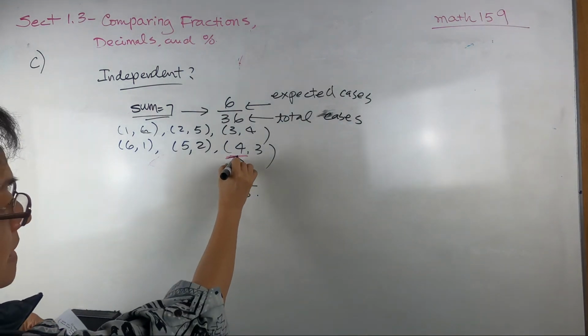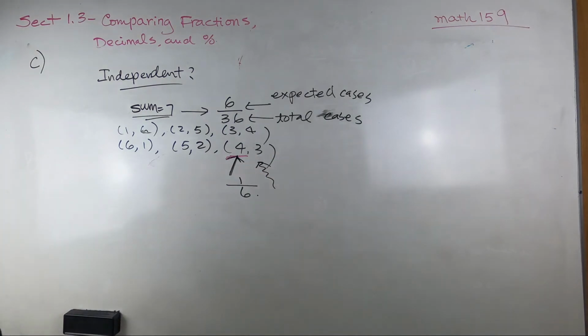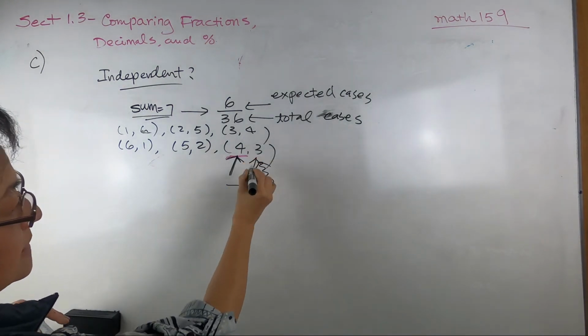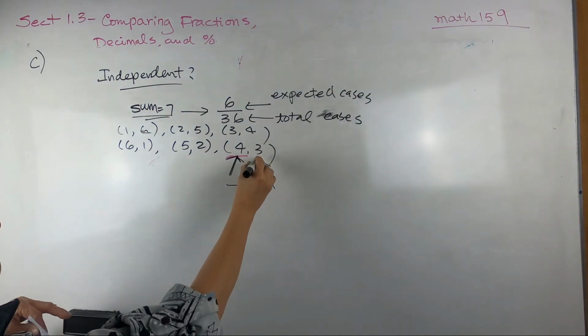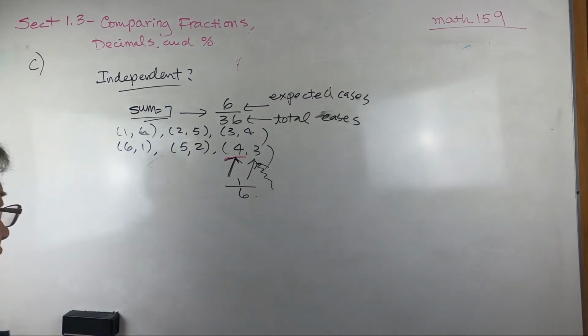If the first one is 4, then the second one can be 1, 2, 3, 4, 5, 6, so the chance for this to happen is 1/6. You may have a hard time figuring out why.